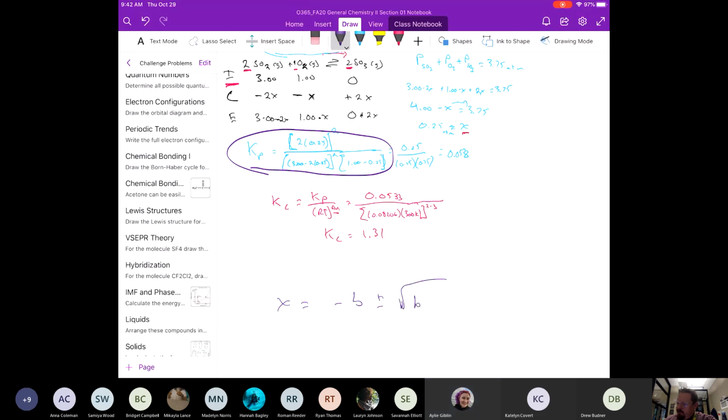I should have written it down because I would, in a moment, forget it. This is where ax squared plus bx plus c is equal to 0. So if we put our equation in this form, these numbers then go down here, and we can solve for X that way. So be aware you may get to do that if we end up with a squared term and we're solving for X.